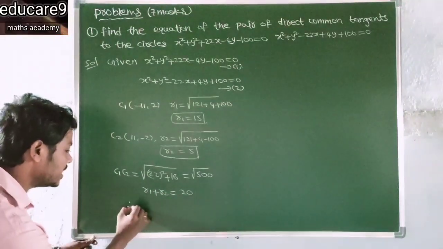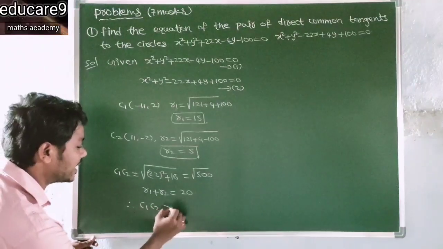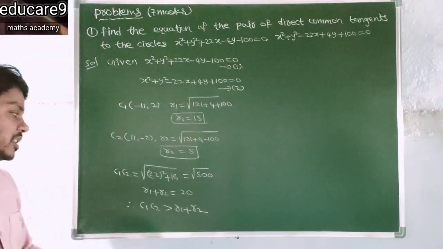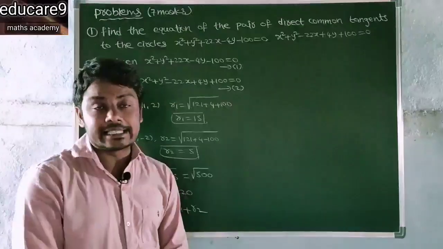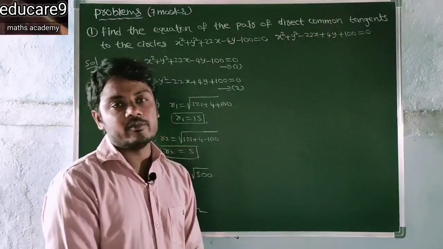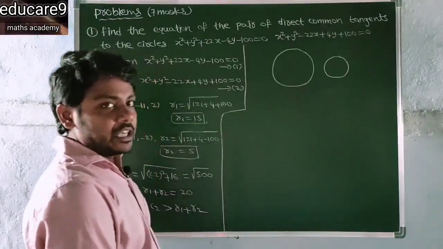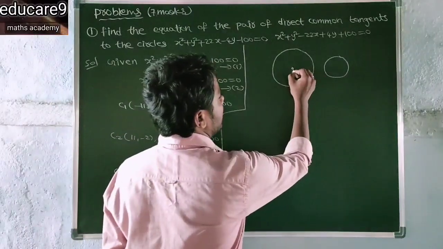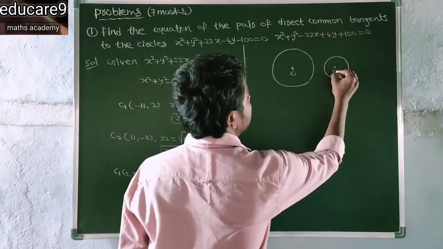So clearly C1 C2 is greater than R1 plus R2. So in this case, these circles do not intersect and one circle will be away from the other. So see here, clearly the given circles are like this. This is C1 and this is C2.